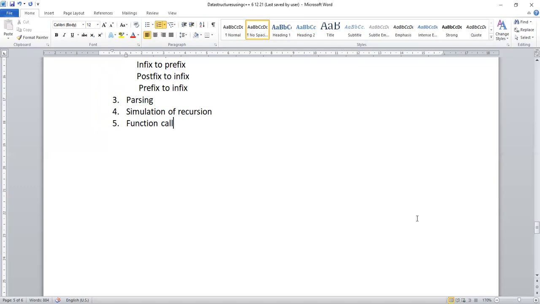Next, we have seen stacks: what is a stack as an abstract data type, and representation of stack using arrays. Now we have seen prefix, infix, and postfix notations, and applications of stacks also. These are the topics covered in the first unit.